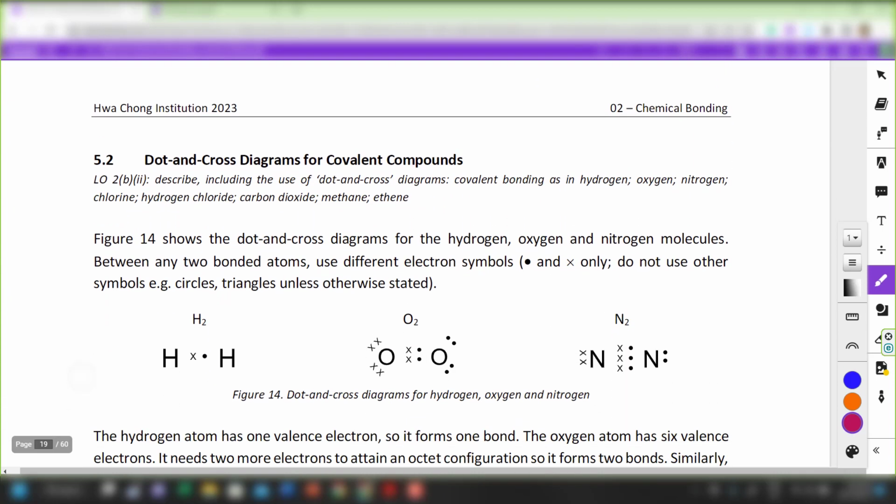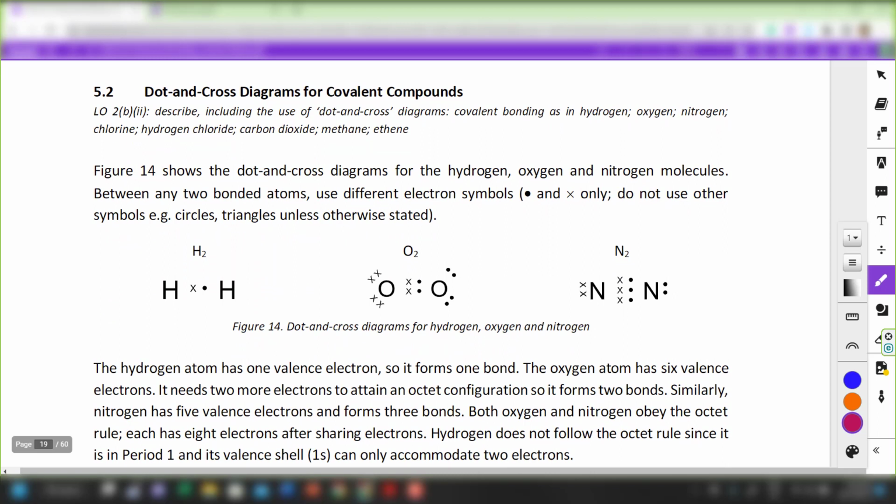You notice that the section 5.1 is relatively short. That is deliberate, because the drawing of dot and cross diagrams is usually more important, if not a lot more important, for covalent compounds. For ionic compounds, it's not so crucial because the answer is pretty straightforward.